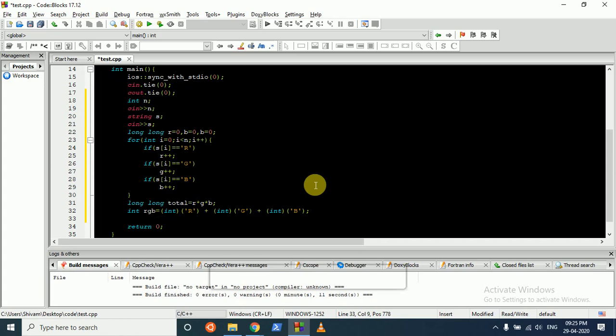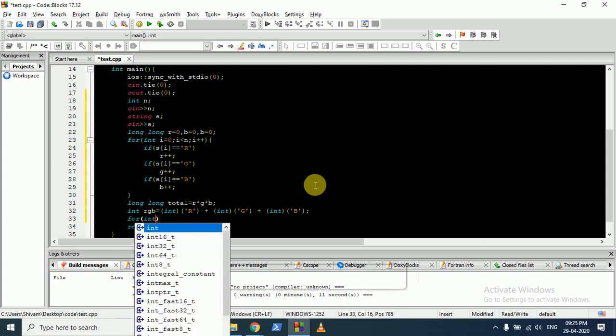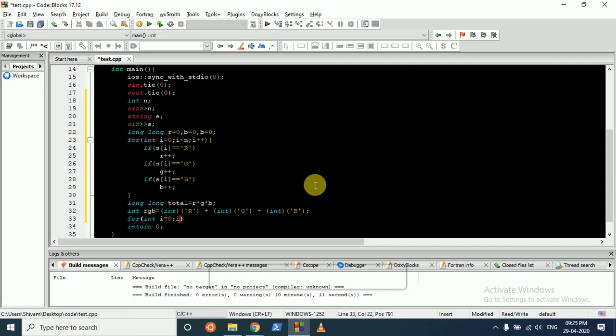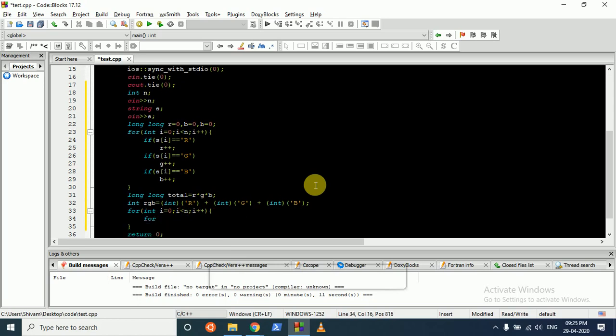Okay, so now we will iterate over the length from 0 till n, and then for j equal to I plus 1, j is less than n, j plus plus.